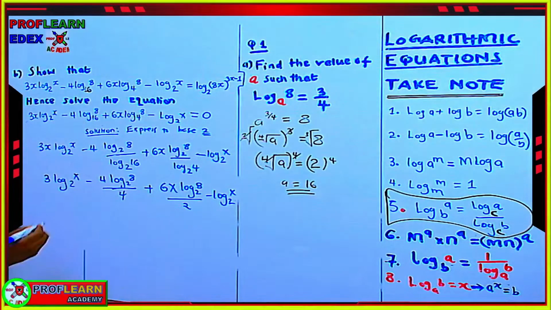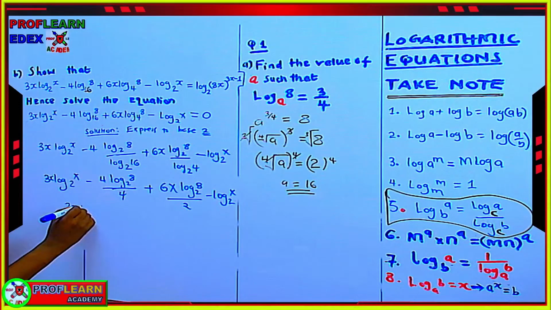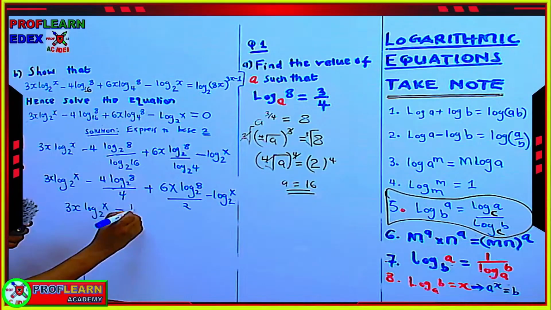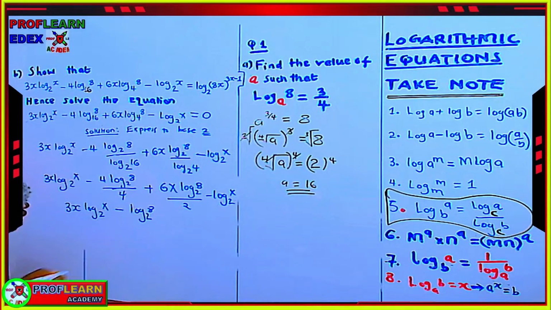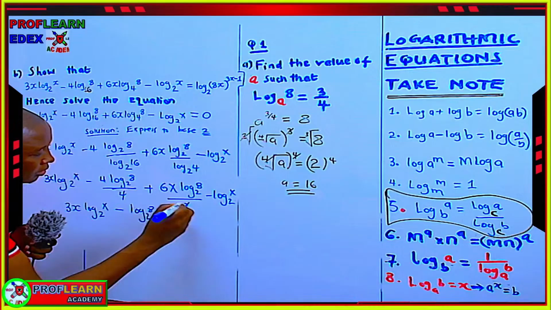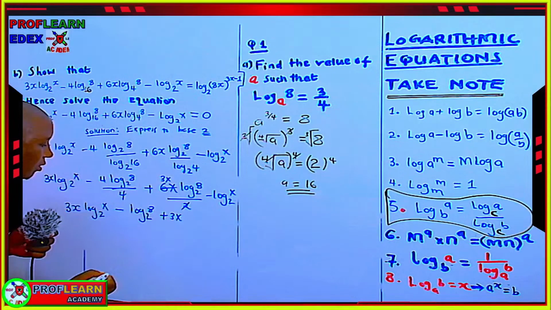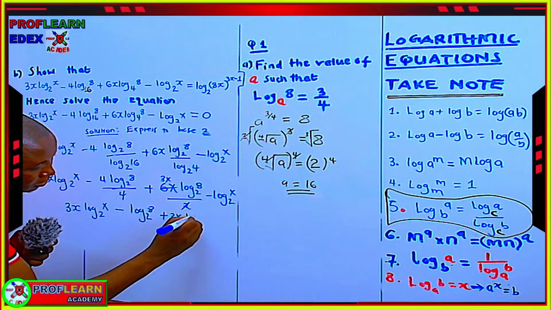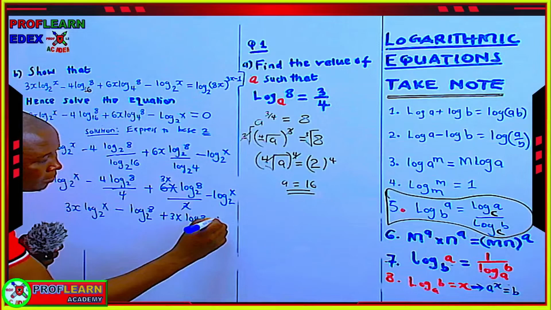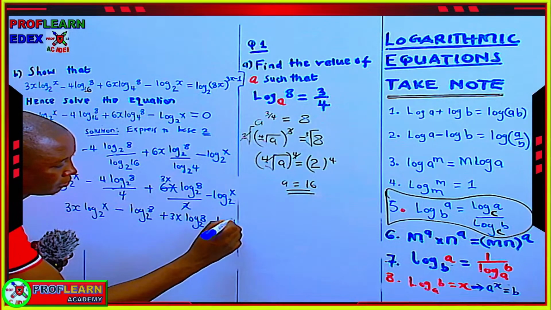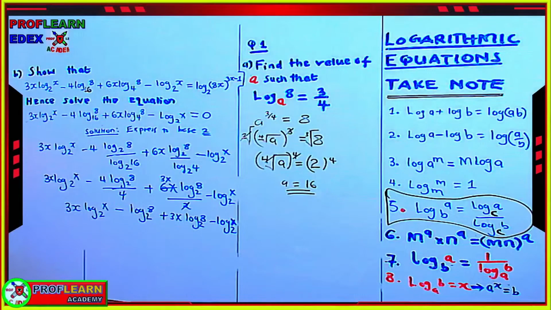So finally, we shall have this reducing to 3x log x base 2 minus log 8 base 2, plus 3x log 8 base 2 minus log x base 2.